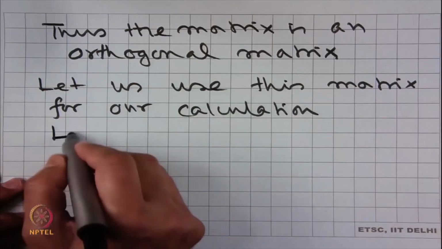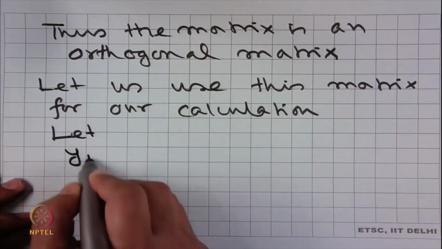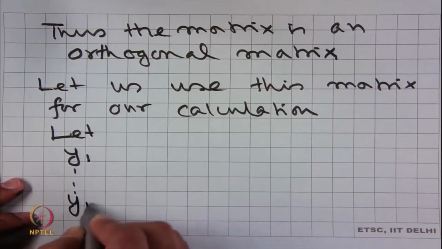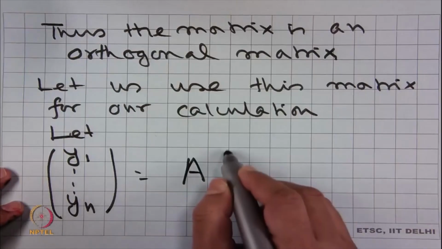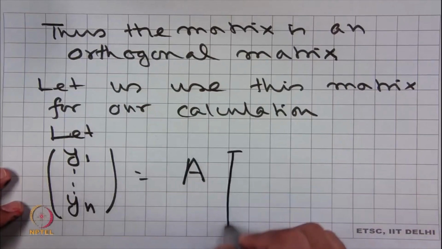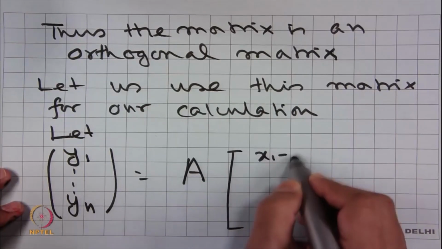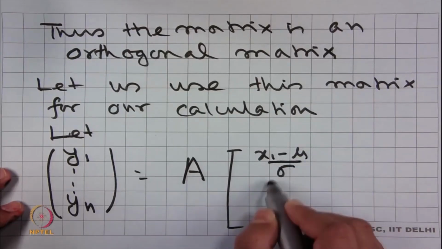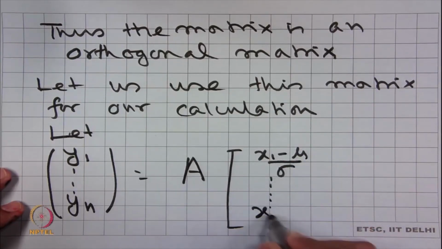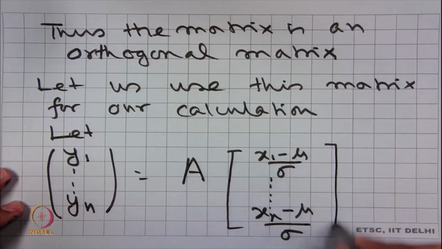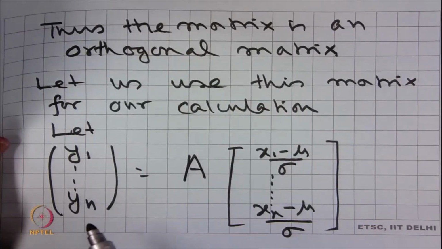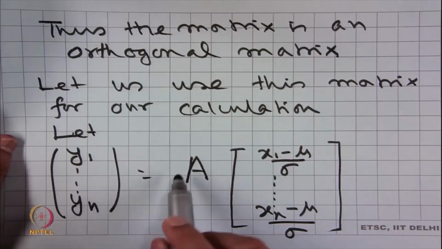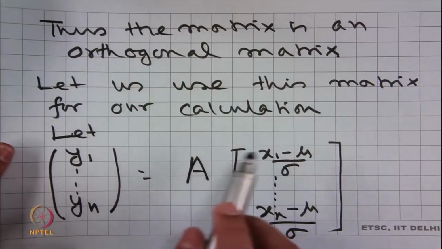Let y1, y2, yn be A into (x1 minus mu) upon sigma up to (xn minus mu) upon sigma. So, this A is the particular A that I have just constructed.